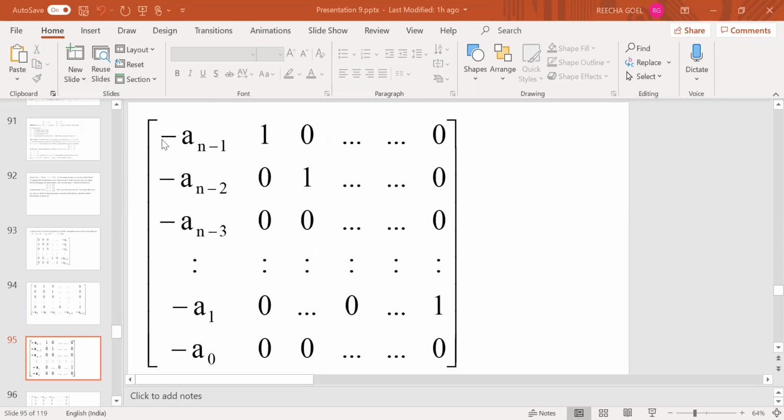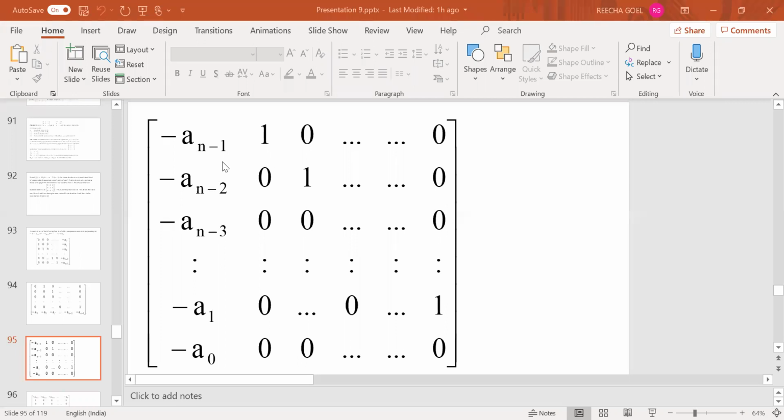I am starting with minus a_{n-1}, minus a_{n-2}, minus a_{n-3}, and up to minus a0. Now, because the leading diagonal position has been occupied by minus a_{n-1}, if I want to make entries on the diagonal ones, then I can use only the super diagonal position.